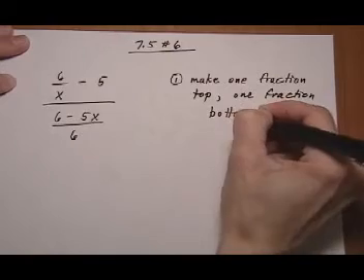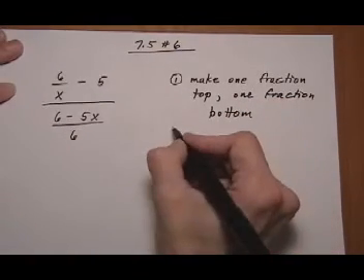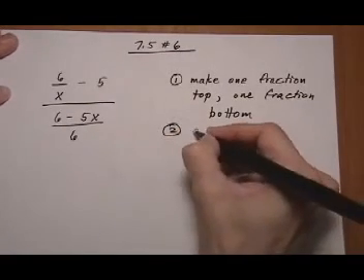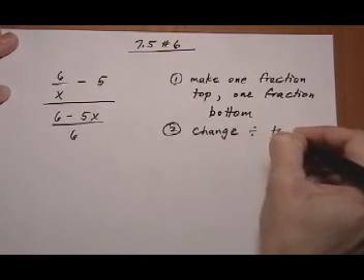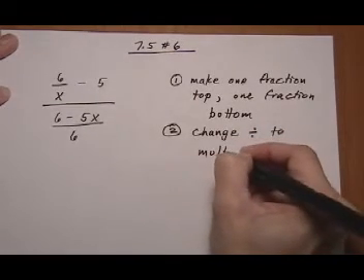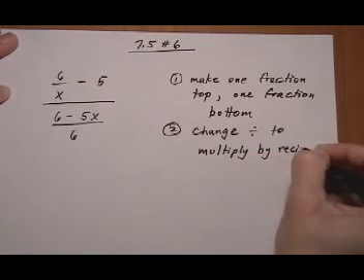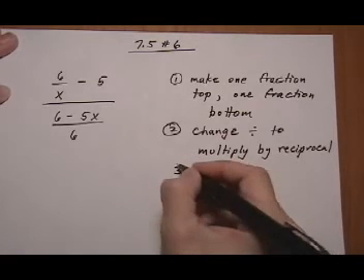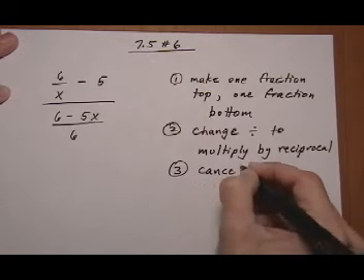Our bottom one already is just one fraction, but sometimes the bottom one is two separate fractions also. After that, we change division to multiply by the reciprocal. And then we cancel and multiply.